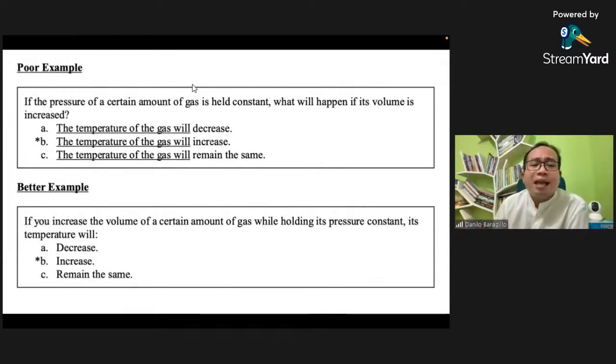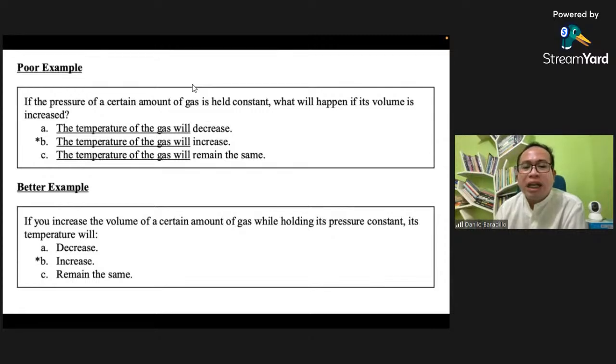You would say here, if the pressure of a certain amount of gas is held constant, what will happen if its volume is increased? You have here a repeated phrase: the temperature of the gas will. It could be placed in the stem.